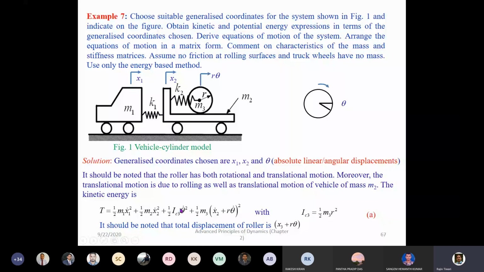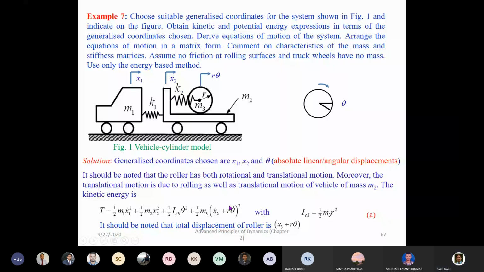But it is moving along with the trolley, so we need to consider the translational motion of that. This is that particular part. Because of the rolling it is moving by r theta, but the trolley itself is moving by x2.